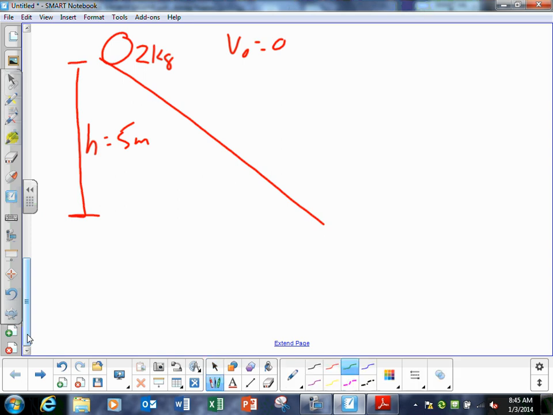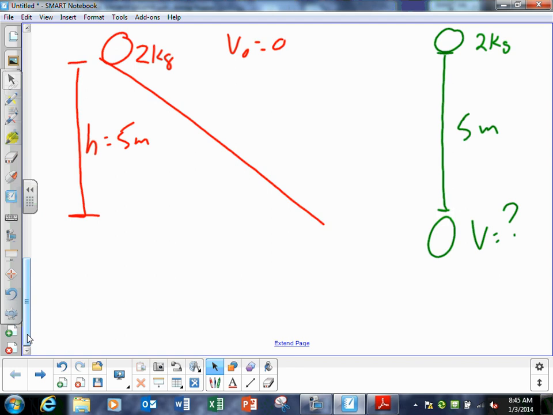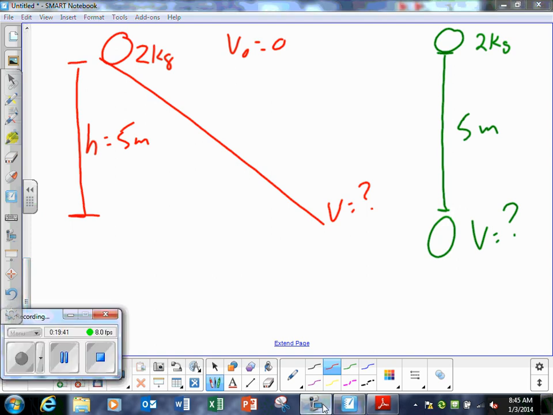And let's say over here I got the same thing, a 2 kilogram ball, and it's going to go through a height change of 5 meters. My question is, what's the velocity here for that ball, and what's the velocity here for that ball? Any ideas? Okay, let me ask you this. Is the red one going to be less, equal to, or more than the green one?